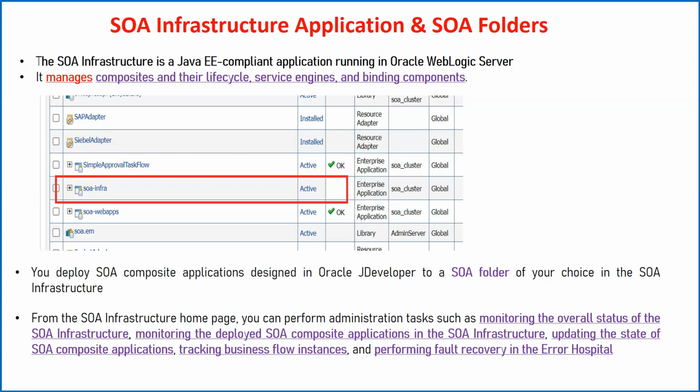One of the basic reasons is that we can deploy multiple application composites in SOA, right? So we group all of the composites, or all of the related composites, in a SOA folder for easy management. Now, what is the meaning of easy management?